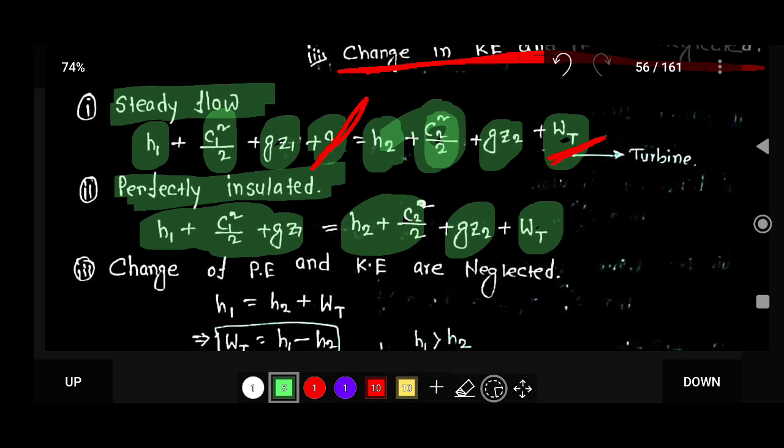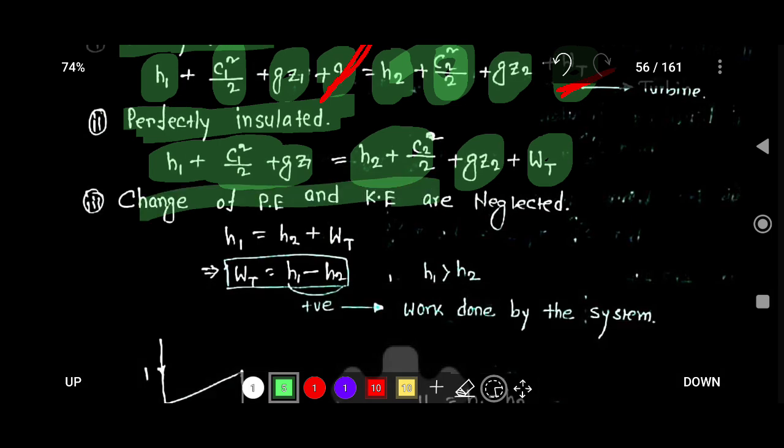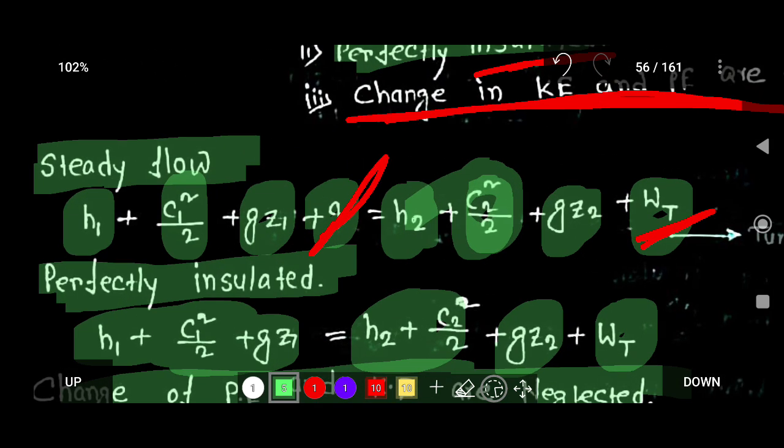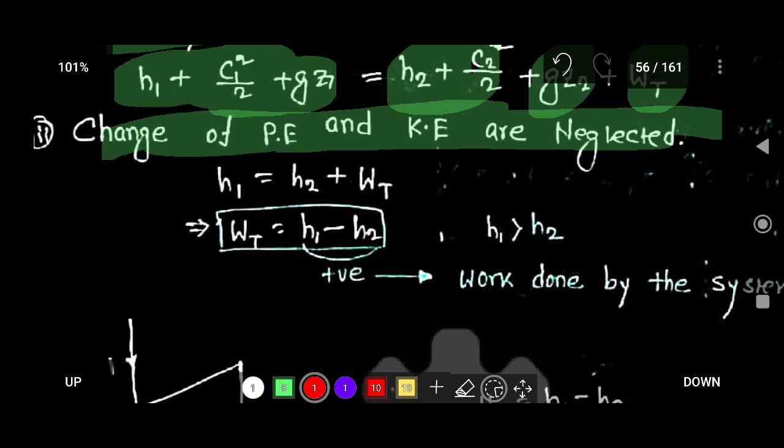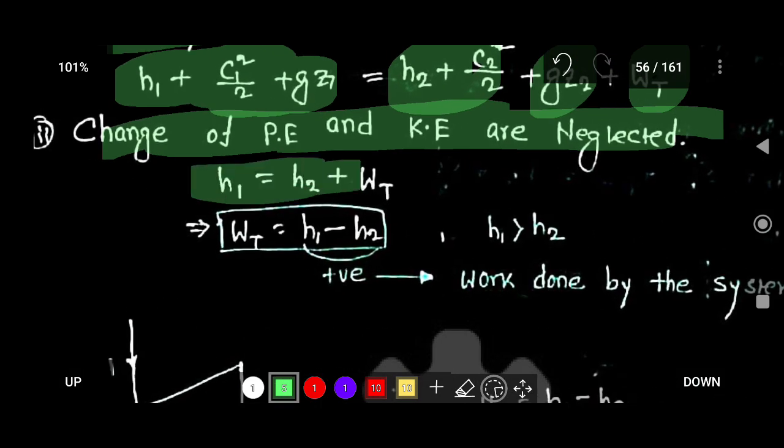The next assumption is that the changes in kinetic energy and potential energy are neglected, so the kinetic energy on both sides is neglected and the potential energy also cancels out. From here you get h1 equals h2 plus w of turbine. So you can calculate w turbine equals h1 minus h2.